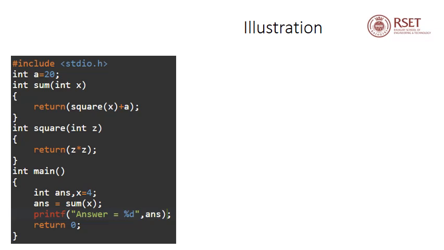Finally sum will return the value 4 square plus 20, which will be printed as the answer. Here in this program we have a global variable A, and we know that all global and static variables will be stored in the static region of the code section. So that is shown here. The global variable A will be stored separately in the static region.